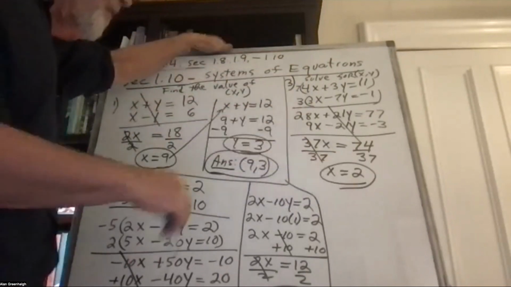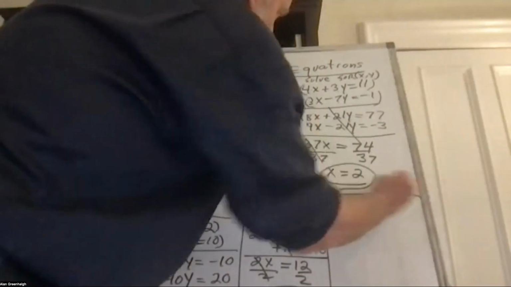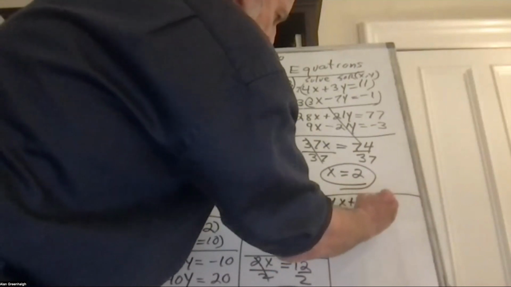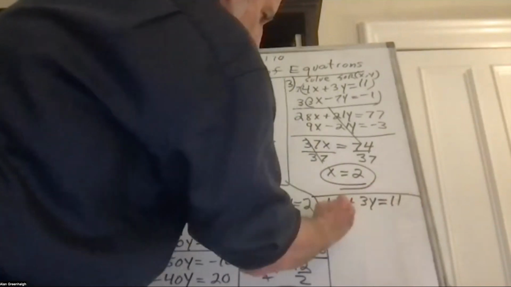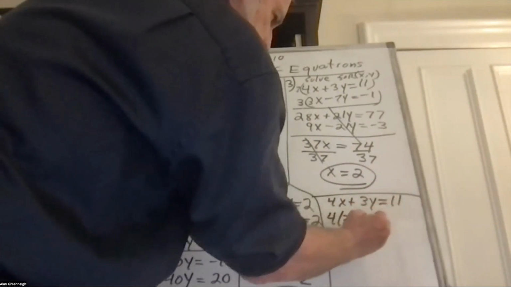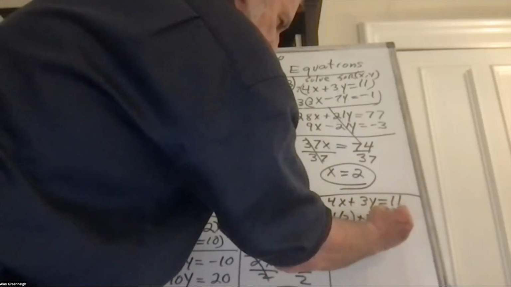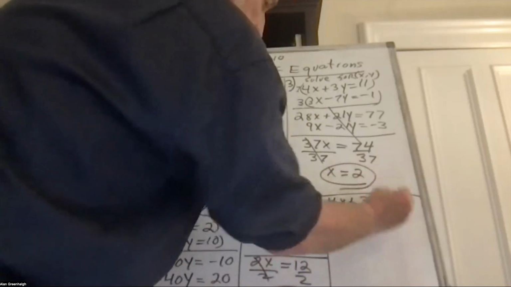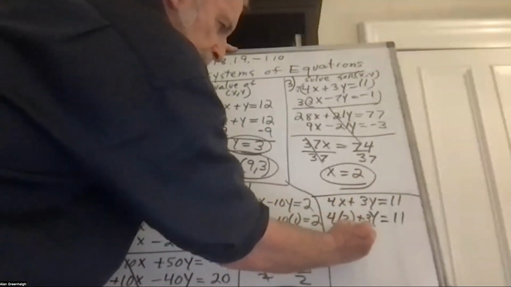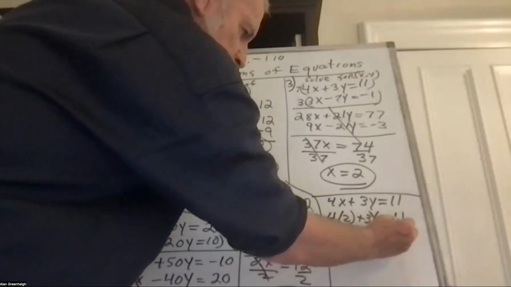But now we need to find out what y is equal to. So let's take the top equation, 4 times 2 plus 3 times y equals 11. 8 plus 3y equals 11.